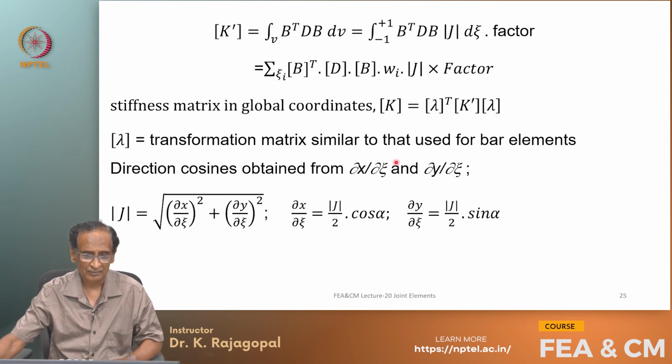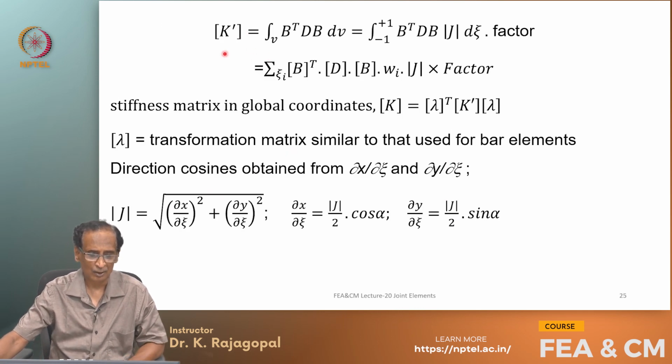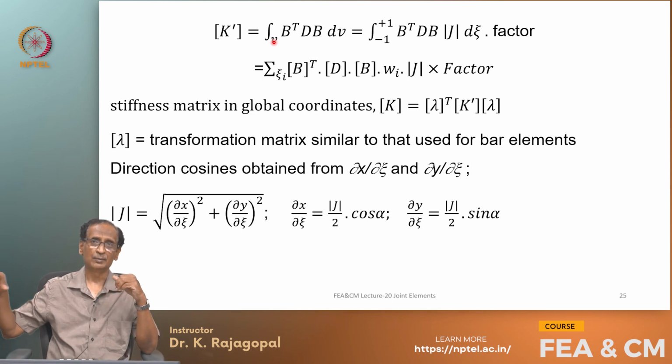And the stiffness matrix in the local coordinates we can get in terms of our B and D matrices as B transpose D B. Although it is written as integrated over the volume, ours is a line element.